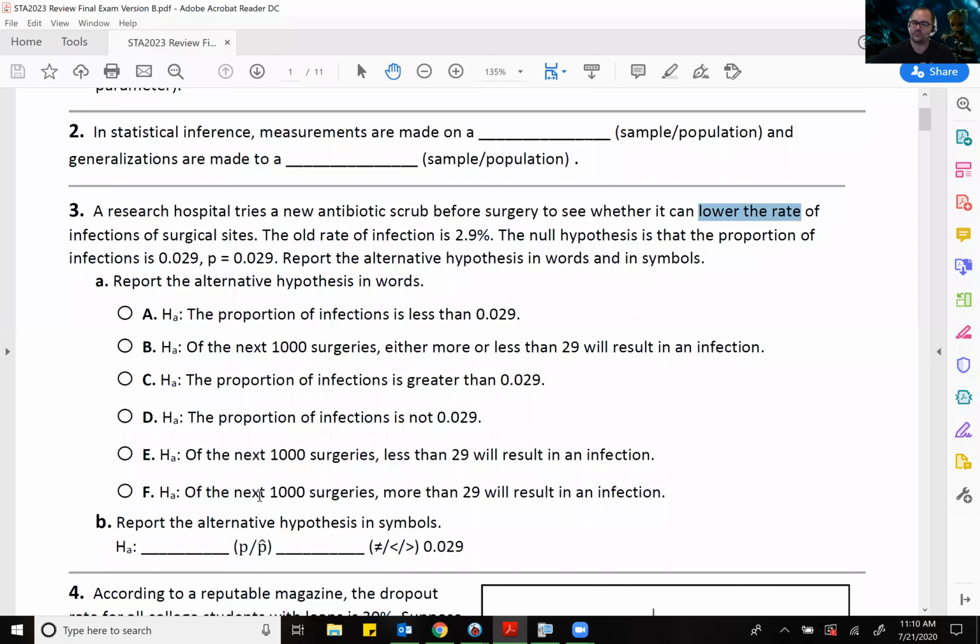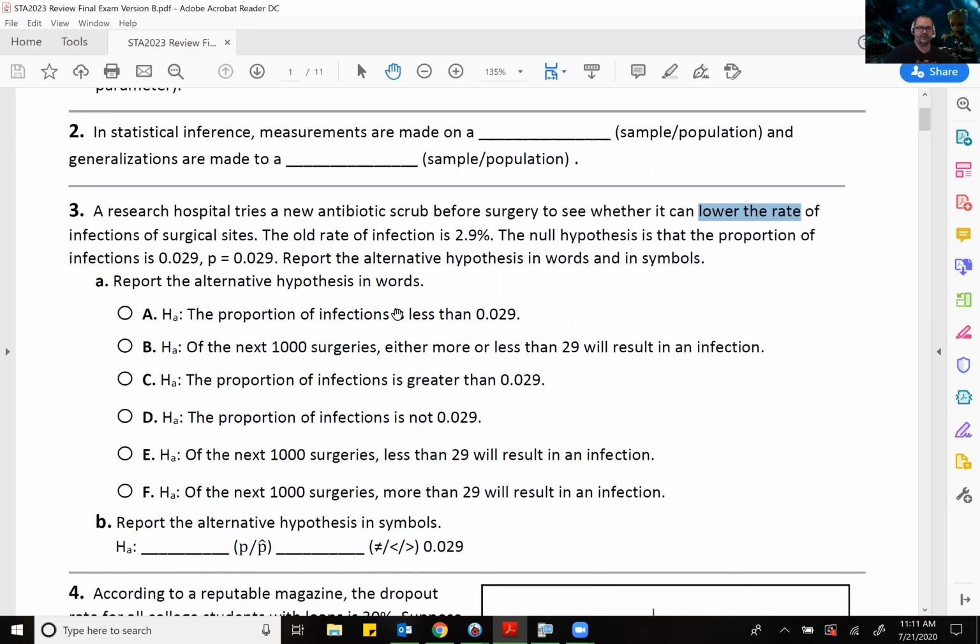So part B. The first piece is you're either going to do P or P hat, and it's all based off of your null hypothesis. Whatever variable we use there, we've got to use the same variable down here. So we're going to go with P. And then in here, is it going to be not equal, less than, or greater than?